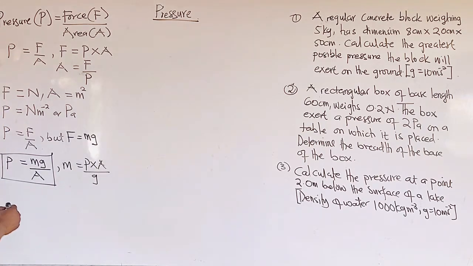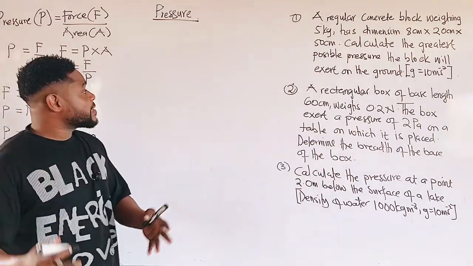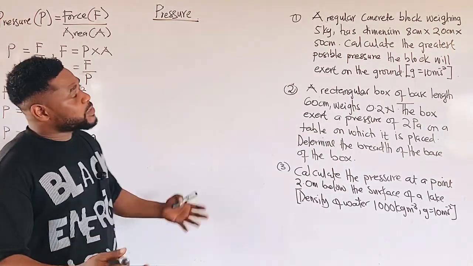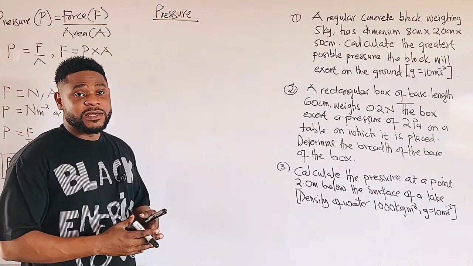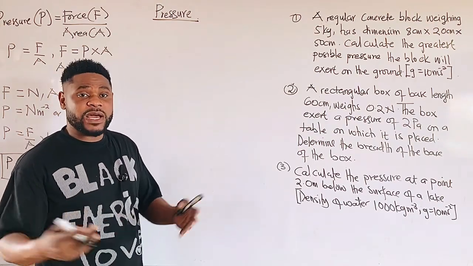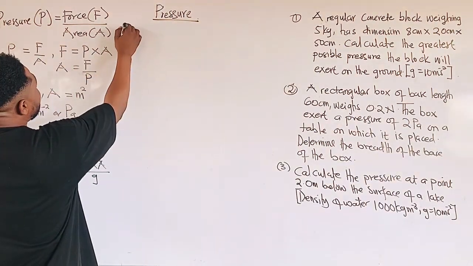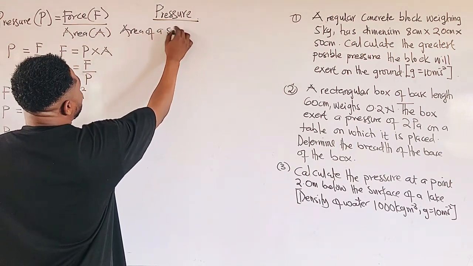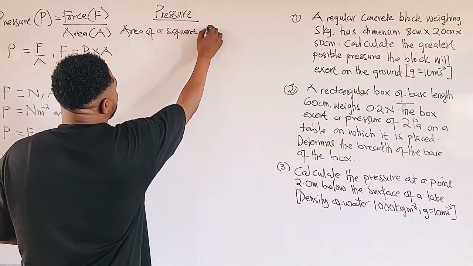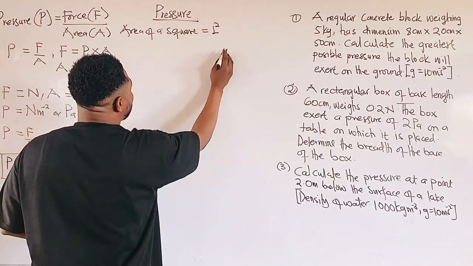Now, there are some instances where you may be asked to find pressure concerning some mathematical plane figures like square, circle, rectangle. So first of all, let us look at the area of a square, which is given as L square.